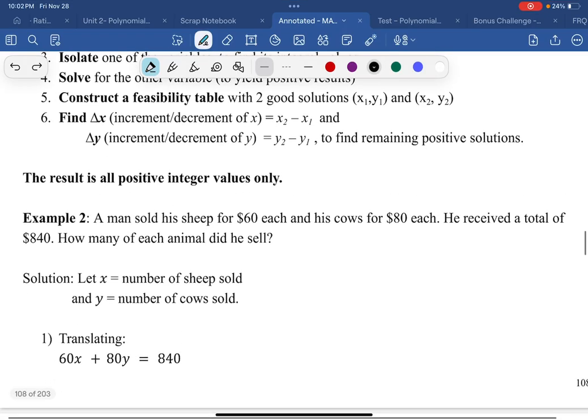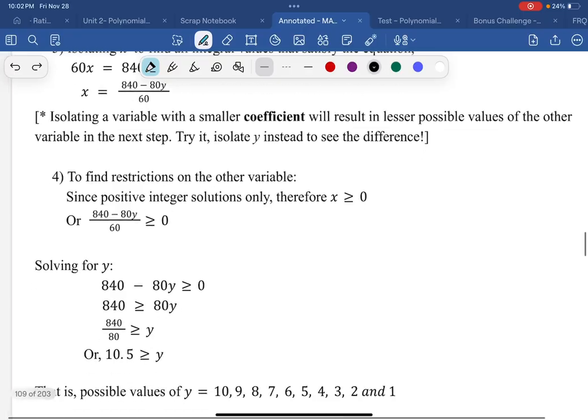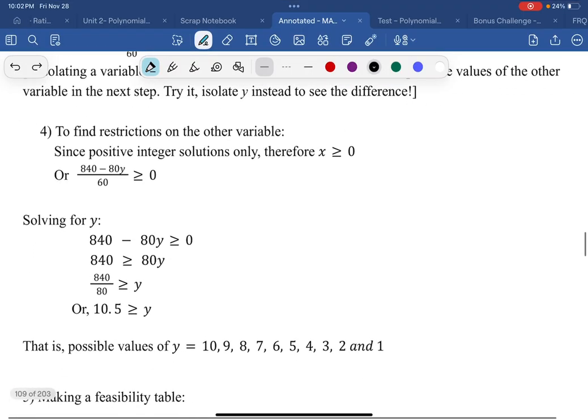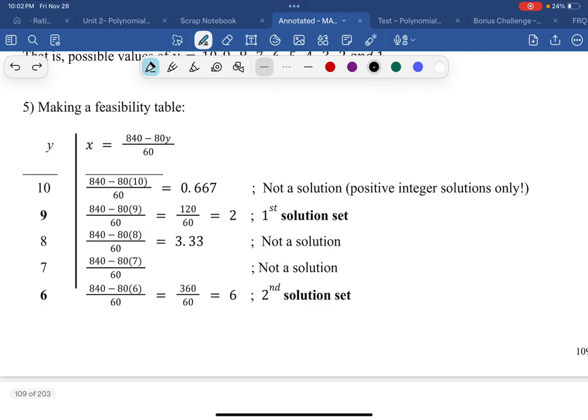We construct a table with two good solutions, and then increment or decrement from there to find the remaining ones. I'll show you in their example how they played that out. They solved, and then, like I was saying before, you plug in some values, and it's not pretty.